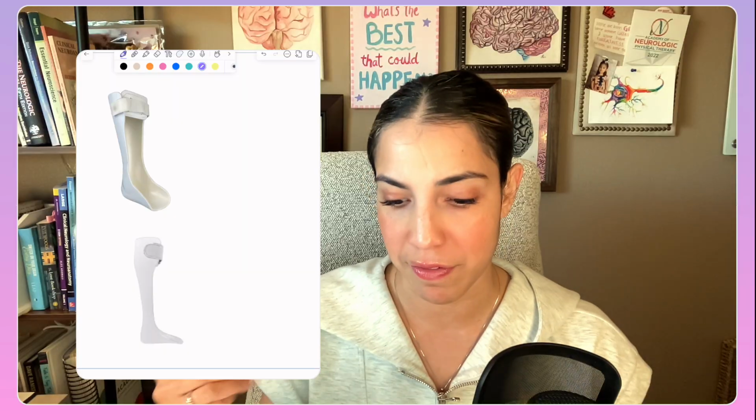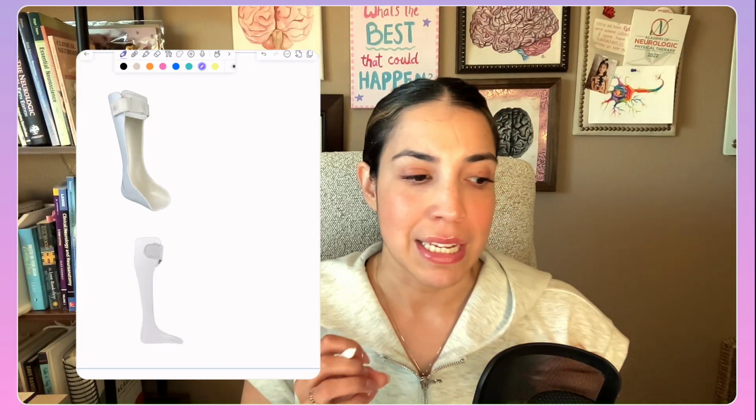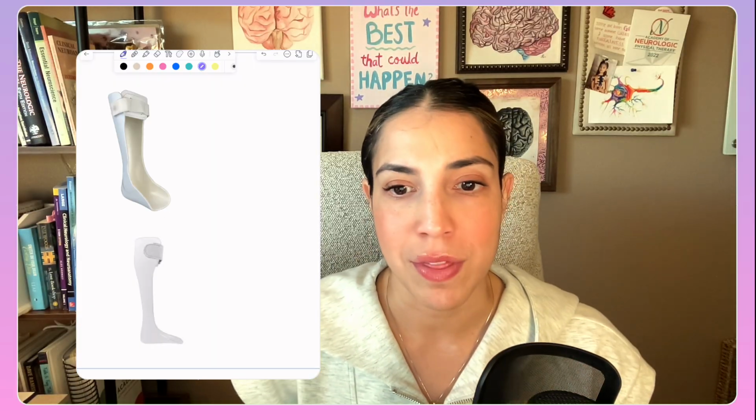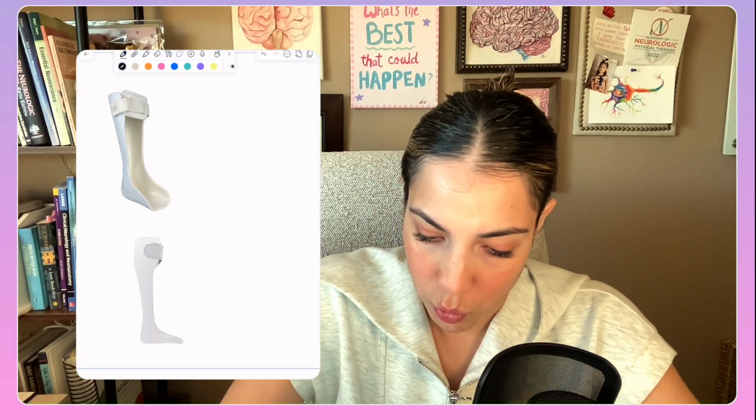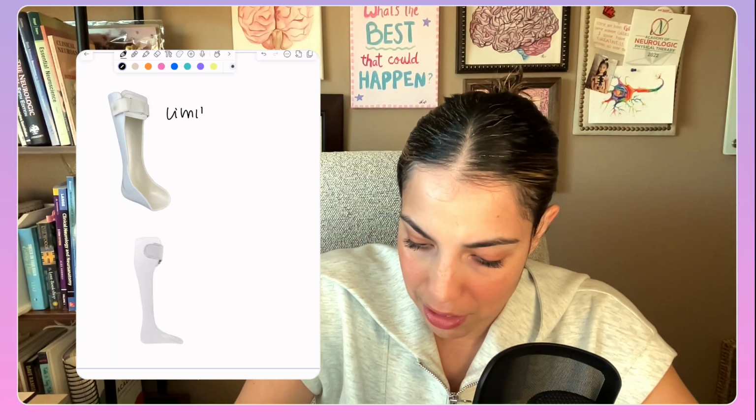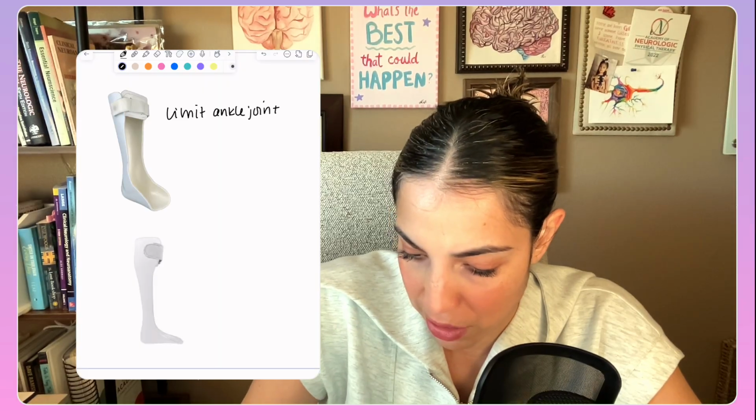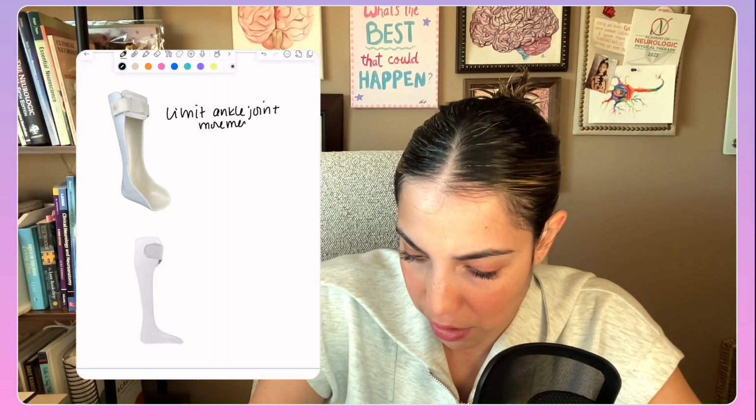Like they're rolling the ankle because of the tone, the synergy, like inversion, etc. So solid AFOs are one type of AFO that is going to limit a lot of the ankle joint movement.